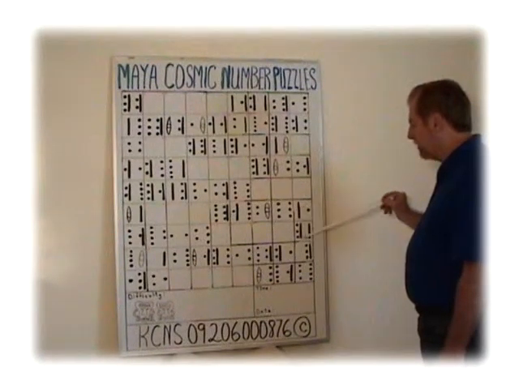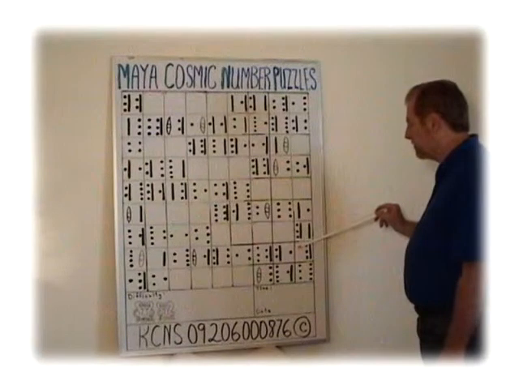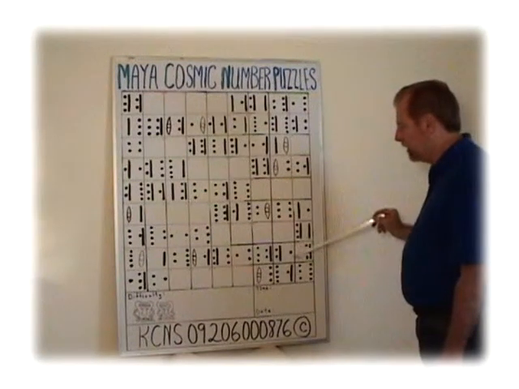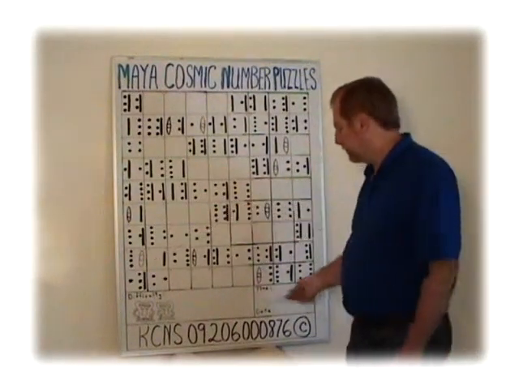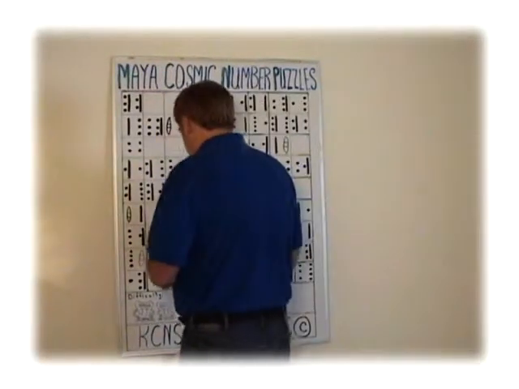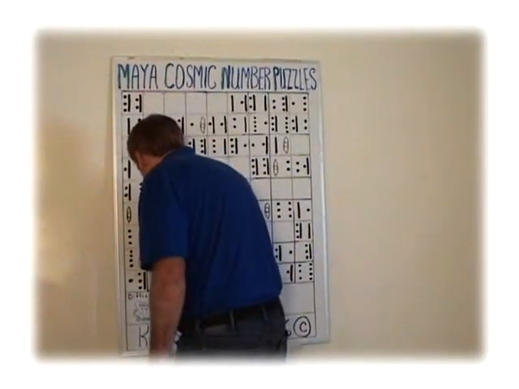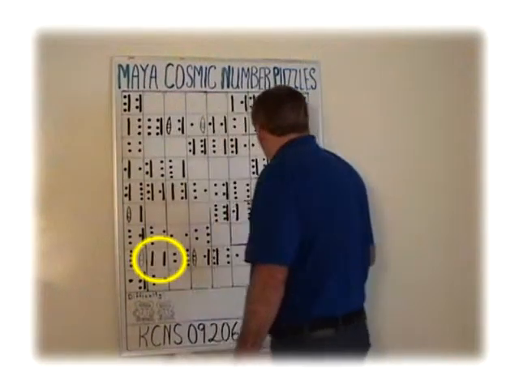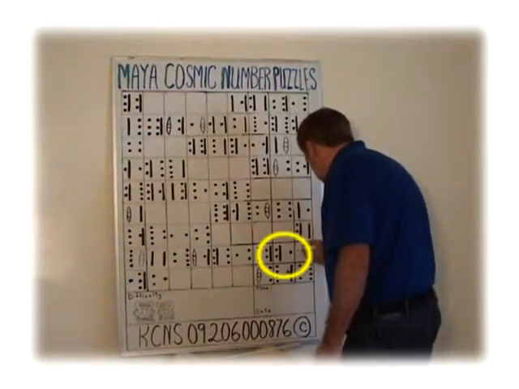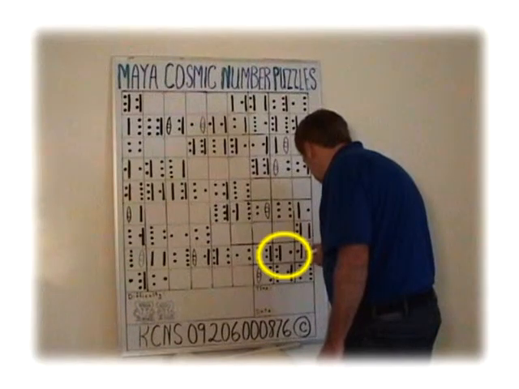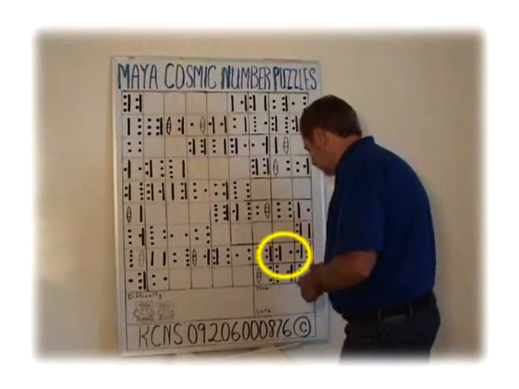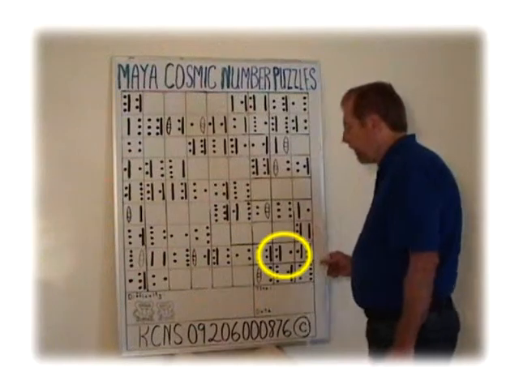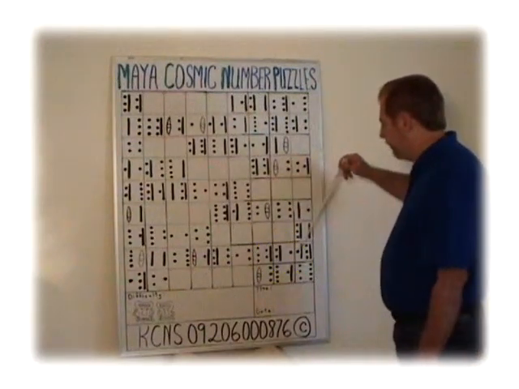So if a 5 is here, that means a 5 cannot go in this position here. Only the 6 can, and a 5 must go here. That solves for that row.